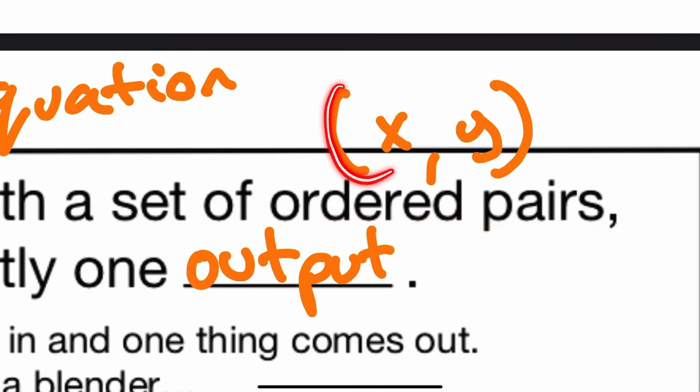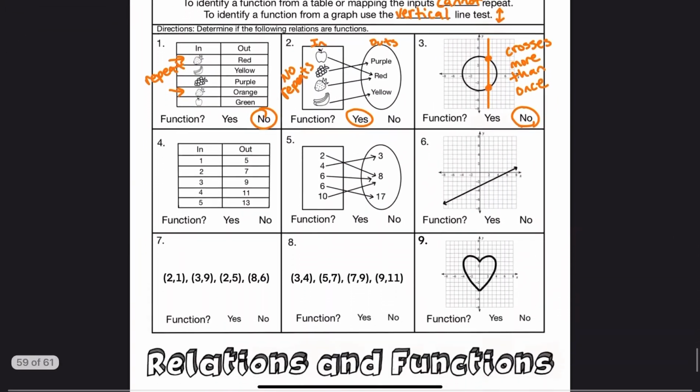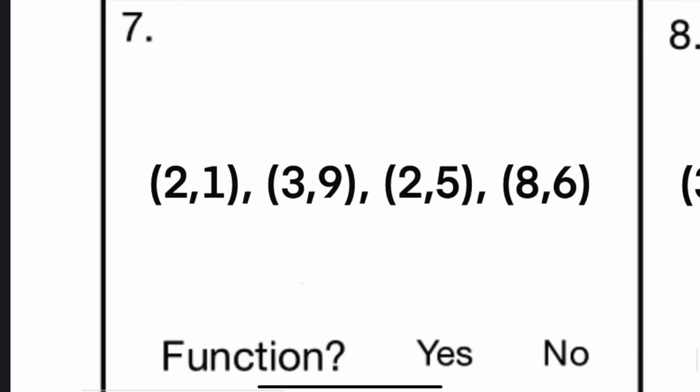Ordered pairs meaning you had an X and a Y value. So our X's are going to be our inputs and our Y's will be our outputs. So I'm going to label all of my X values first. My X's are going to come first in the set. So I know 2, 3, 2, and 8. These will all be my inputs.